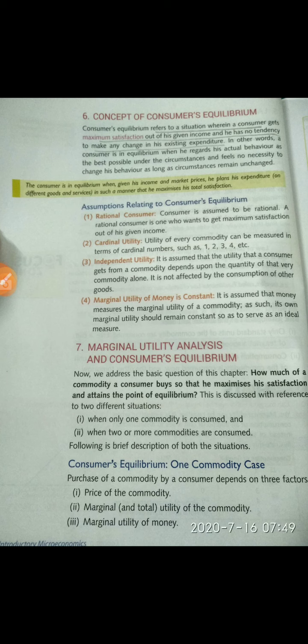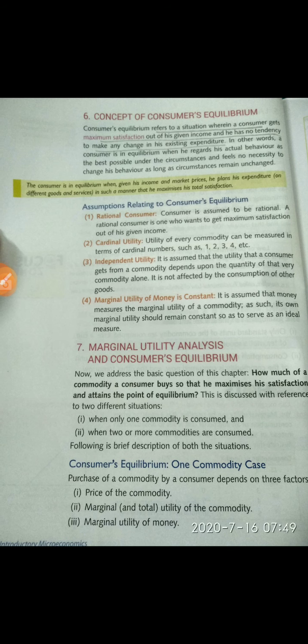Then the fourth assumption, marginal utility of money is constant. It is assumed that money measures the marginal utility of the commodity. As such, its own marginal utility should remain constant so as to serve as an ideal measure. What does it mean? Money is what measures the commodity. With the help of money only we are able to buy the commodity, isn't it?